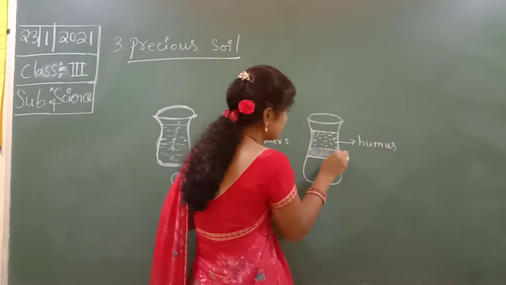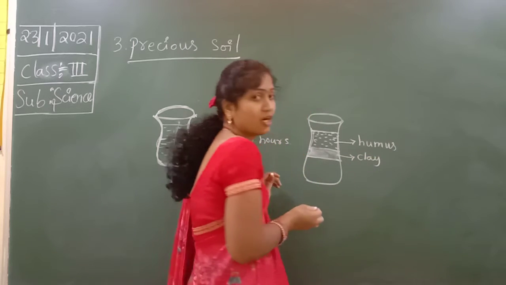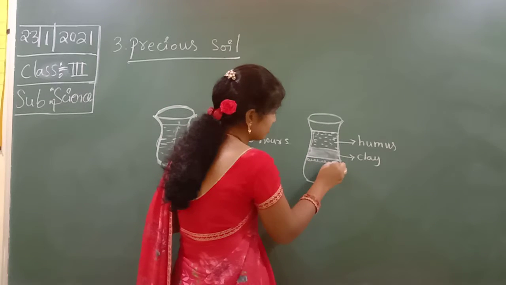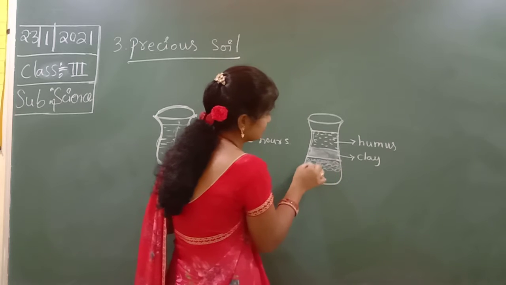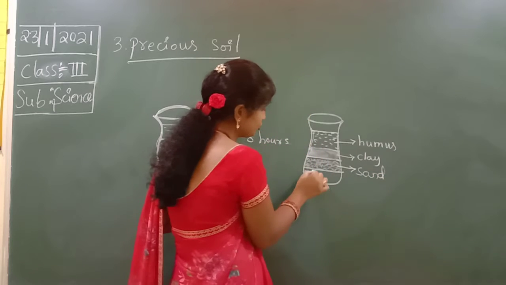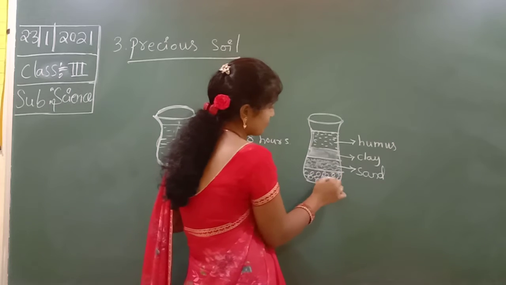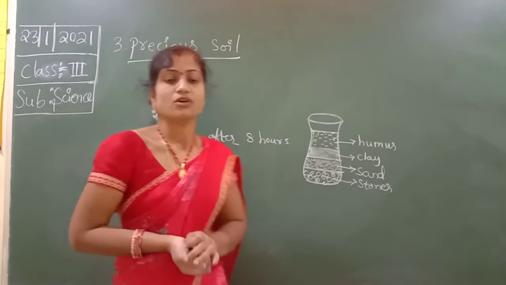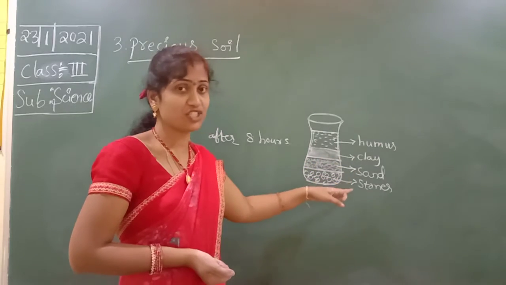Next, sand. Last one, stones. So, soil contains humus, clay, sand, stones.